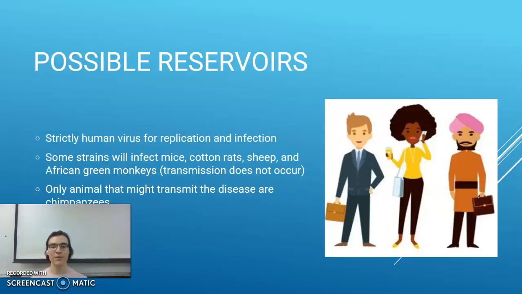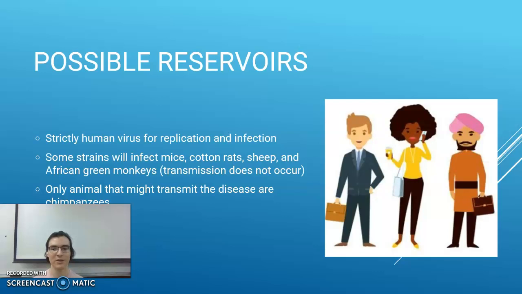So there are a few possible reservoirs of RSV. RSV is a strictly human virus for replication and infection. So humans are the dead end of this virus. It's very rare for an animal to be infected with the virus.